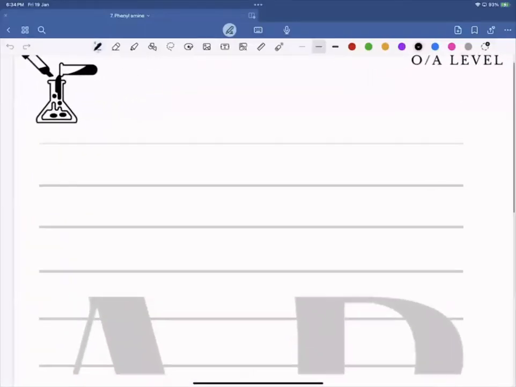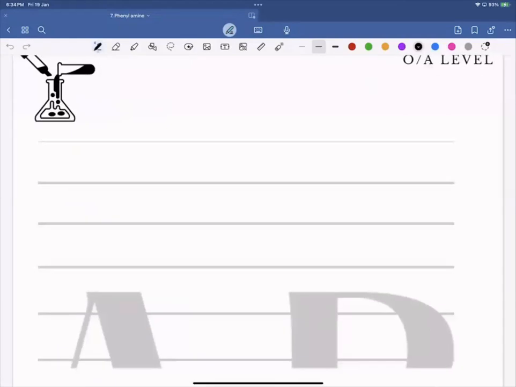Okay, so today we are going to start the new topic in organic. It is phenylamine, and its molecular formula is C6H5NH2.